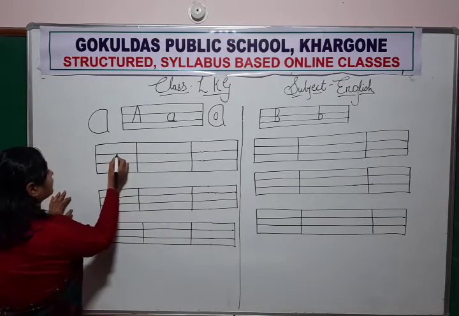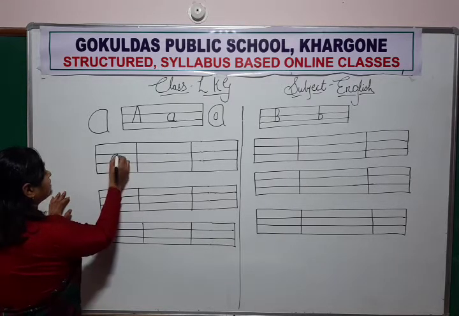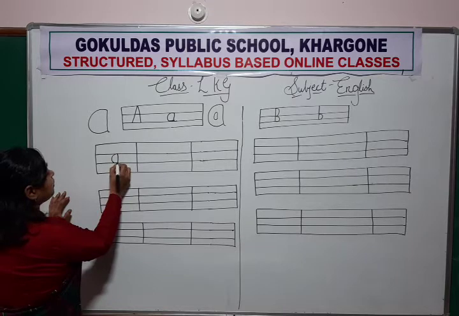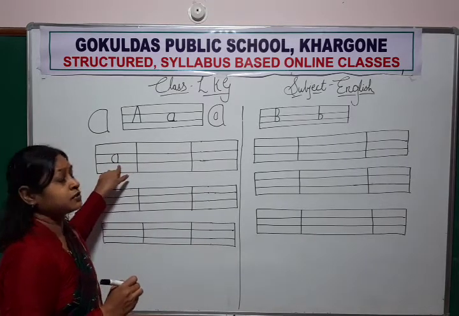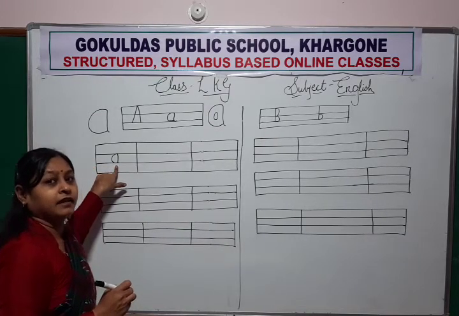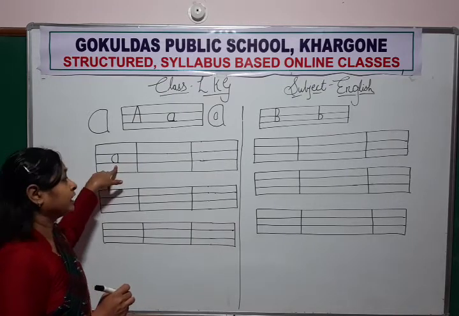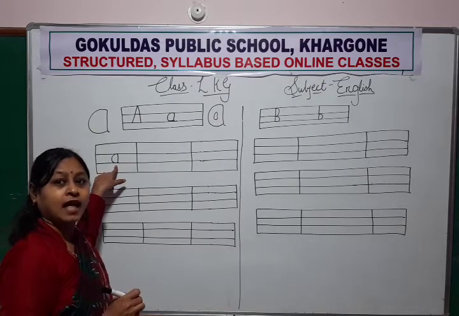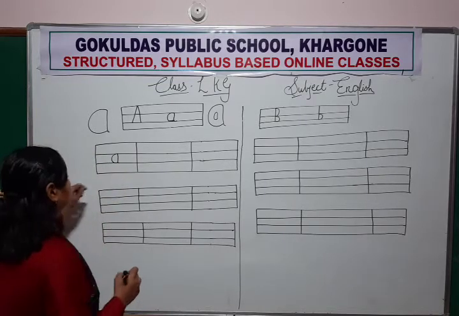So half circle, then standing line and small tail. So which letter is this? Letter A. And sound of letter A is A. Apple, aeroplane, and arrow. Okay.